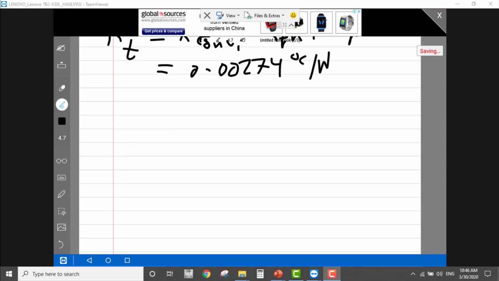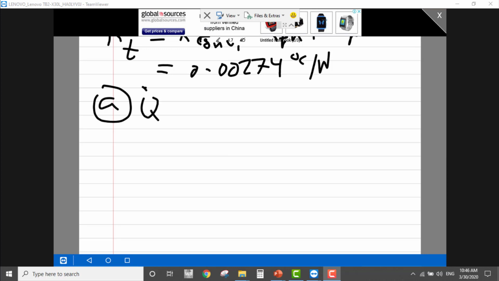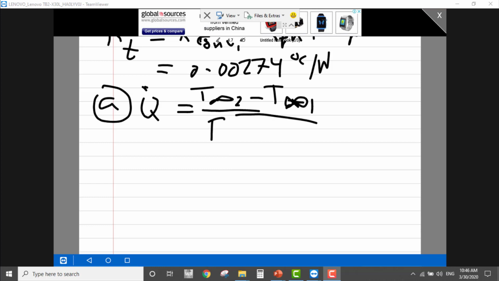Now, in order to calculate the first requirement, which is the rate of heat transfer to the ice spherical geometry, Q dot, the rate of heat transfer, equals T infinity 2 minus T infinity 1, divided by R total.